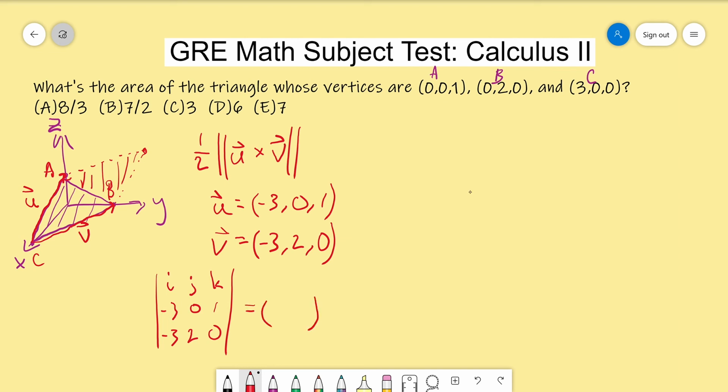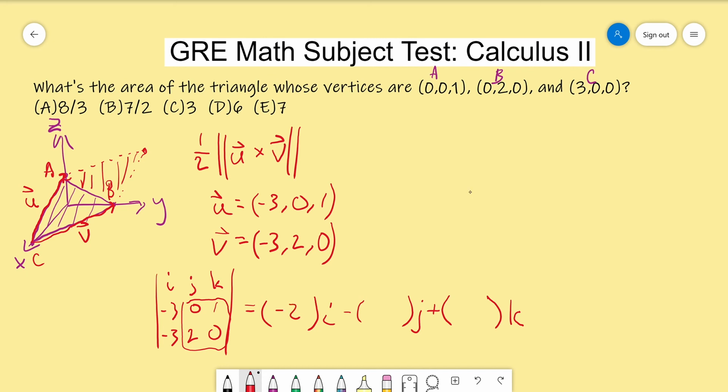Well, it's going to be something times I minus something else times J plus a third thing times K. And remember to find the things in the parentheses, so for I, we're going to take the determinant of 0, 1, 2, 0. That's going to be a negative 2.